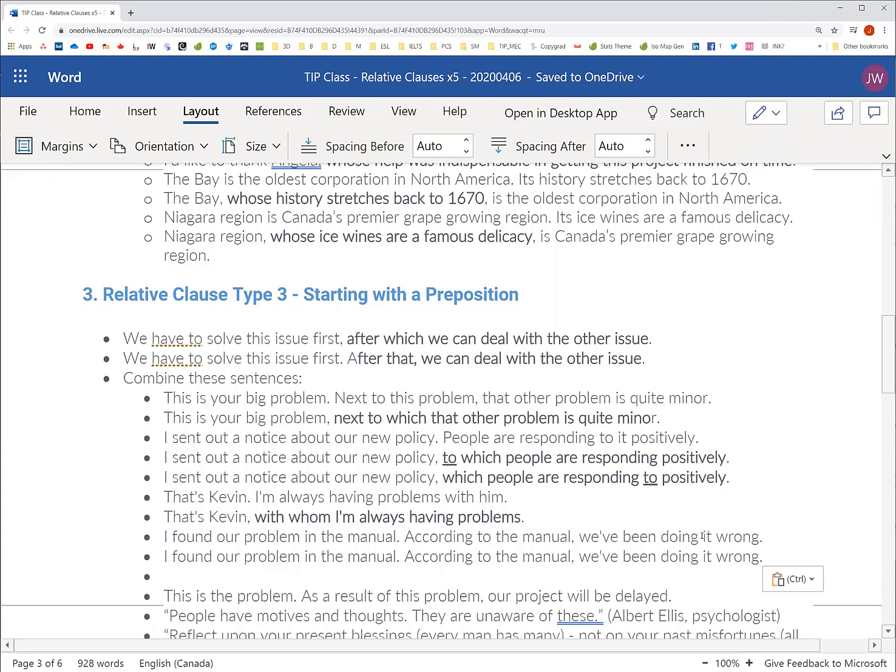I found our problem in the manual, comma, to which, according to the manual.